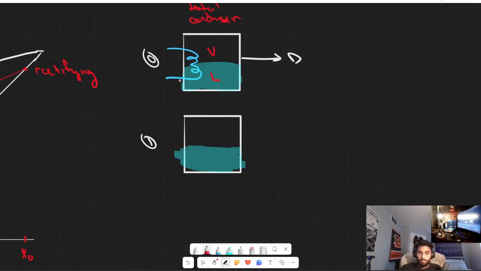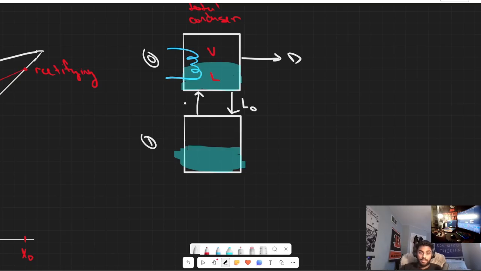What ends up happening is that the vapor from this stage will actually leave and go up into our stage 0, our total condenser. Similarly, we're going to have a stream coming down that is liquid from stage 0. So we're going to name this our liquid flow rate from stage 0, so L0.